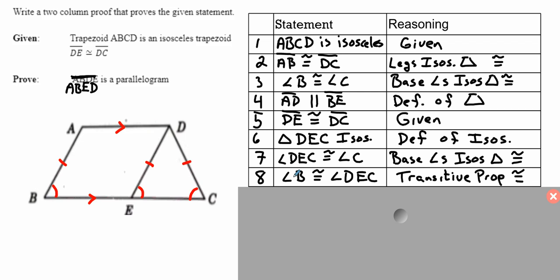So I've got a pair of congruent angles here that also happen to be corresponding angles. They're corresponding because they are formed by what appear to be parallel lines and a transversal.